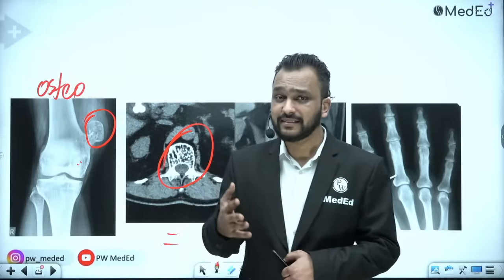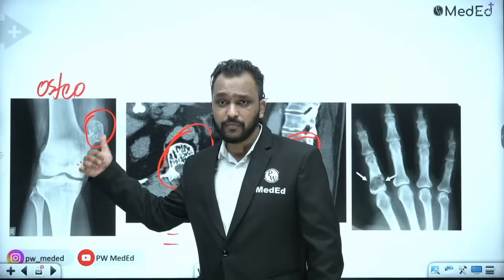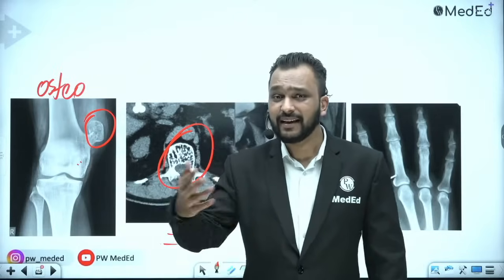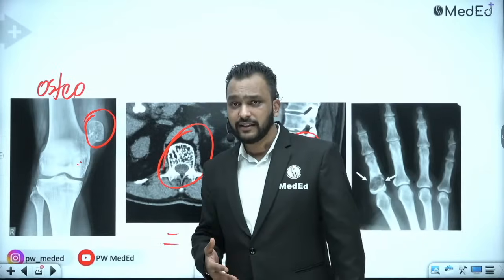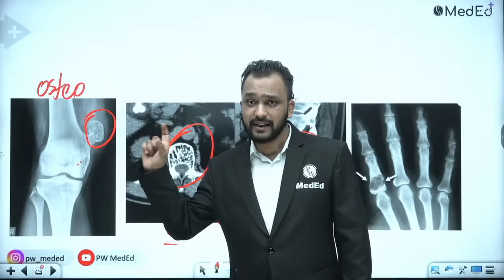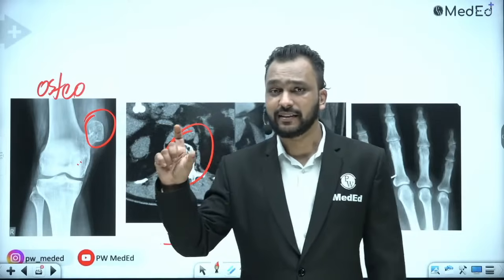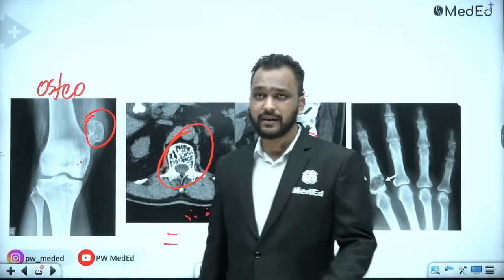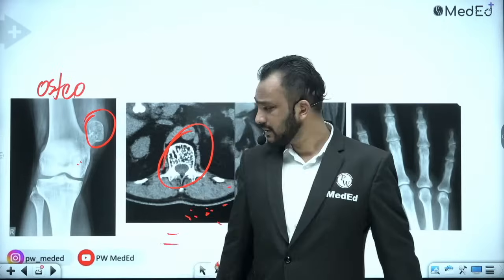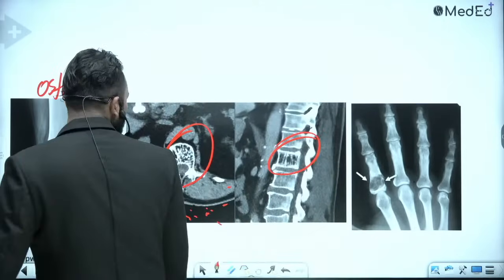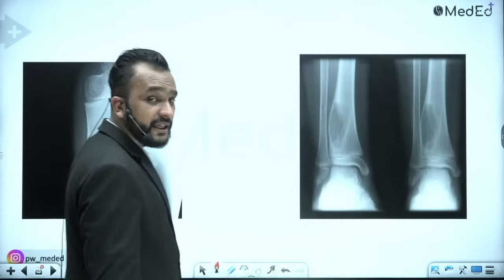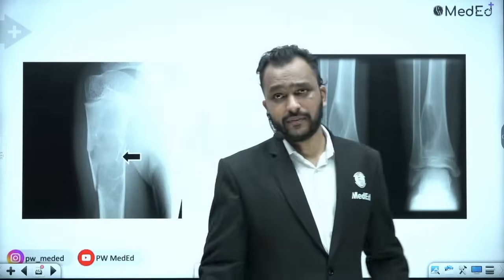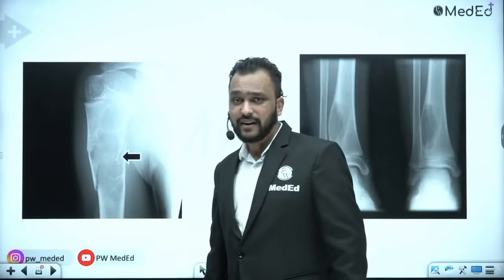These signs include bone pain, increase in the size of the lesion after skeletal maturity, then the thickness of the cartilaginous cap. If it is more than 3 centimeters, then it has a chance to turn into a malignancy, right? Multiple osteochondromas are associated with a syndrome known as diaphyseal aclasis.